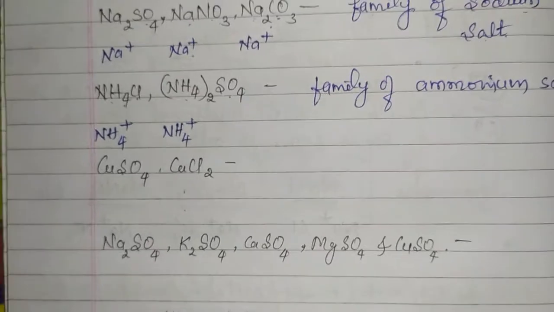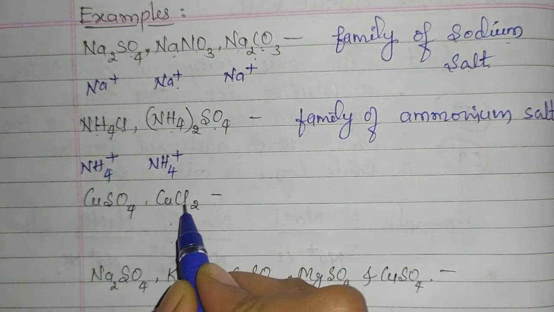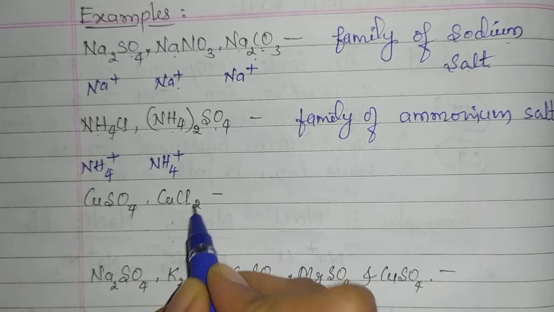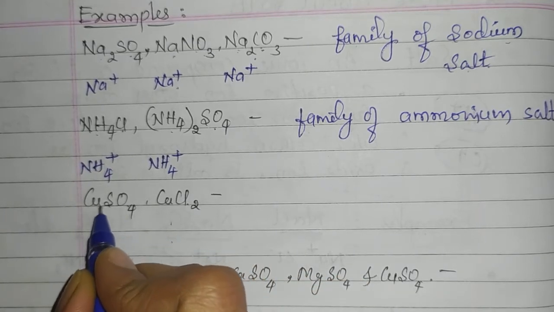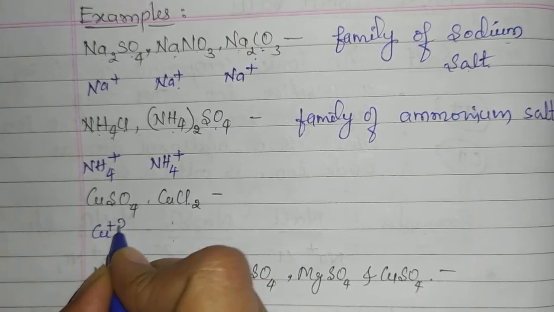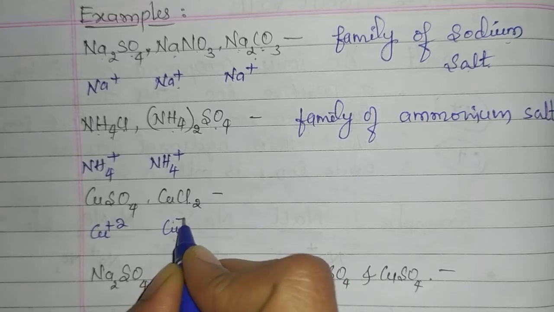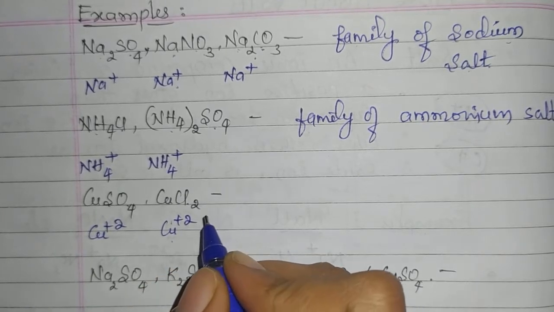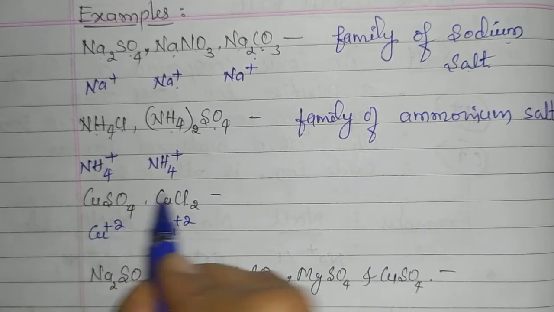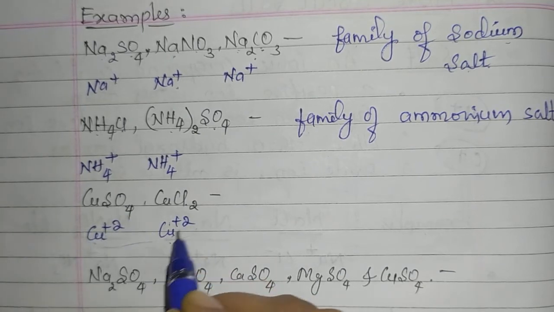Let us see next one. See here, this one is copper sulfate. This is copper chloride. In copper sulfate, copper is the metallic ion. Here also copper is the metallic ion. These two salts have the same kind of metallic ion or same kind of cations.